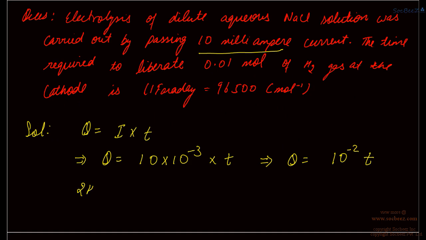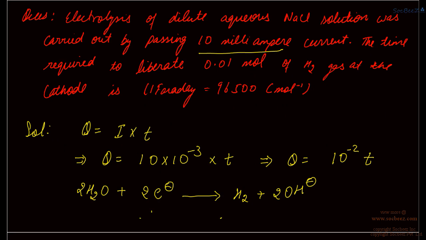Now let's see what reaction is taking place here. The reaction is 2H2O plus 2 electron giving H2 plus 2OH negative. So to liberate 0.01 mole of H2, 0.02 Faraday charge is required, since to liberate 1 mole of H2, 2 Faraday charge is required.